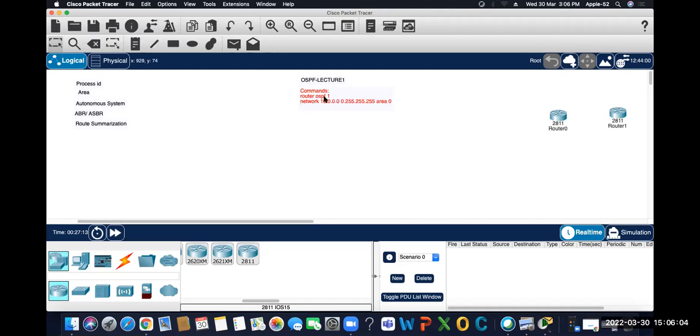So multiple instances of OSPF can be configured on a single router. In simple words, I can configure router OSPF 1, network this, and on the same router, I can configure router OSPF 2, network 20.0.0.0 with the wildcard mask and area 0.